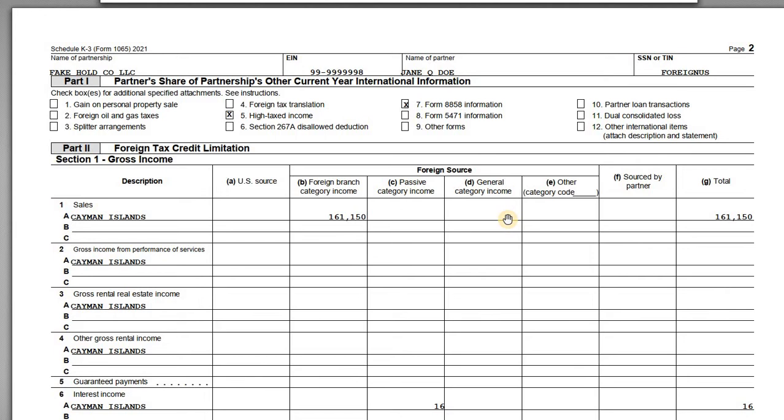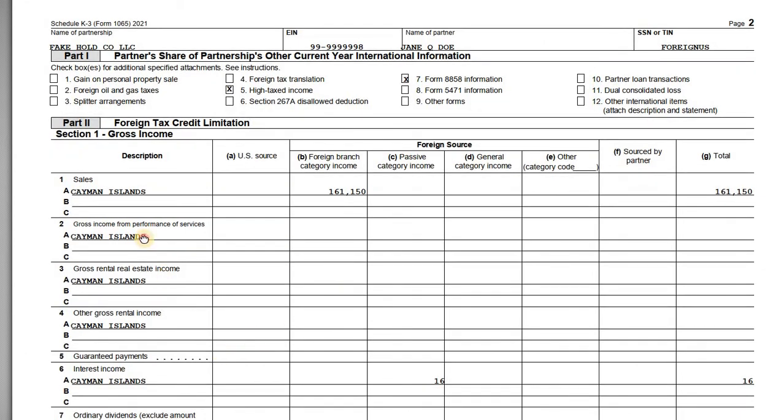But if she were a resident in a country where it was important for her to know the type of income, whether it's U.S. source or foreign, and by country, it could be quite helpful. Nevertheless, we've prepared it for her because, again, we're trying to provide the most complete tax return possible for all of the partners. And so this is the information that Jane's presented with.